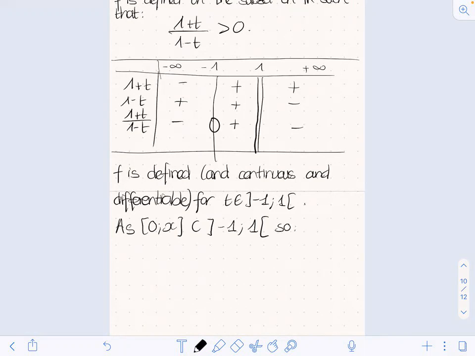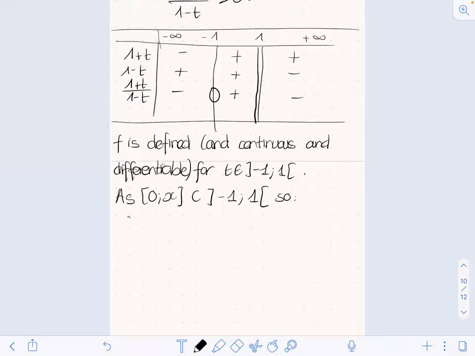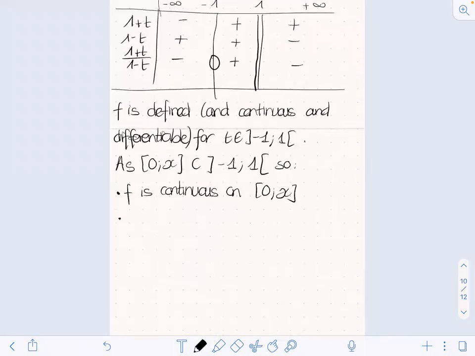So what we can then state is that f is continuous on [0, x] with the bounds included, and f is differentiable on (0, x). Of course you could also write this differentiable with the closed bounds, but for the mean value theorem we only need it to hold for the open interval.